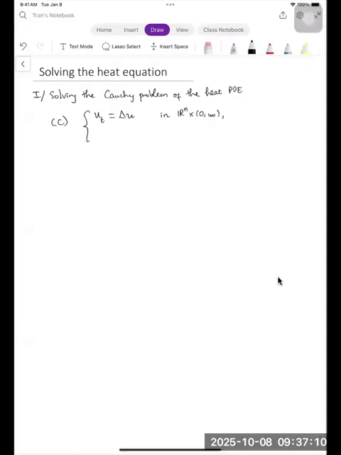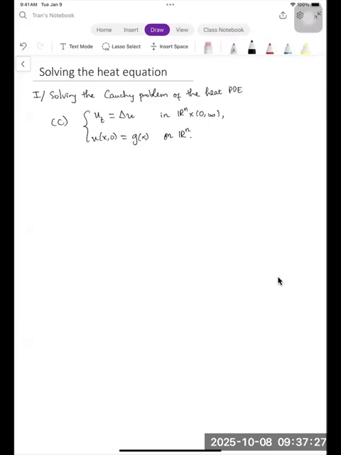And we are given the initial condition u(x, 0) equals g(x) on R^n. We will use a fundamental solution to solve this.